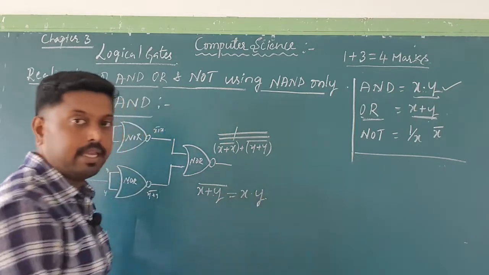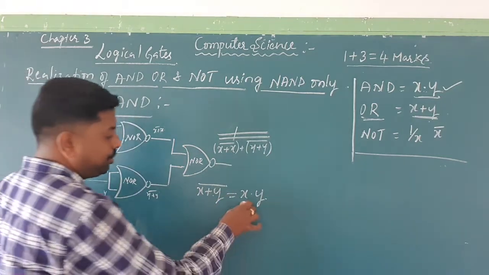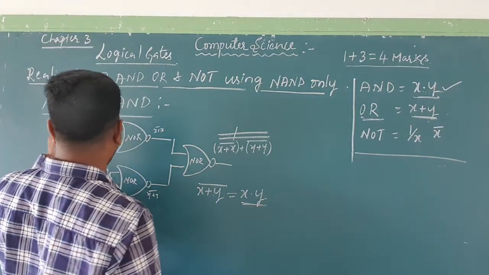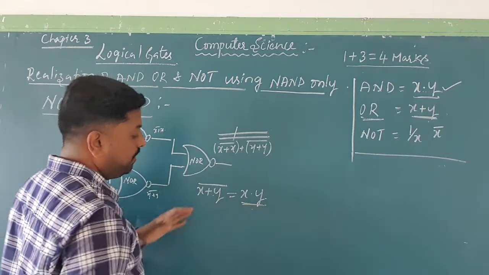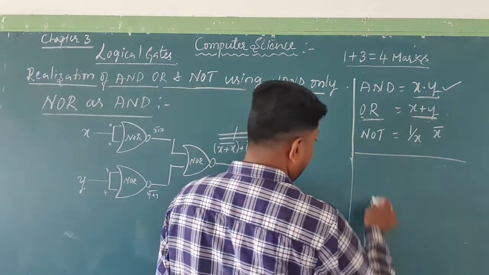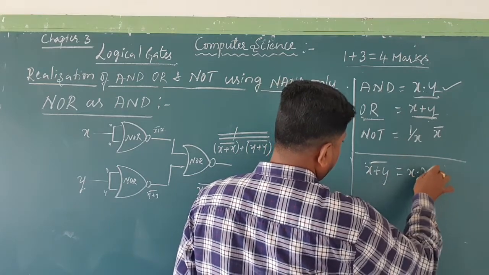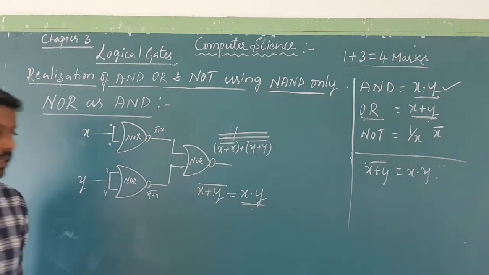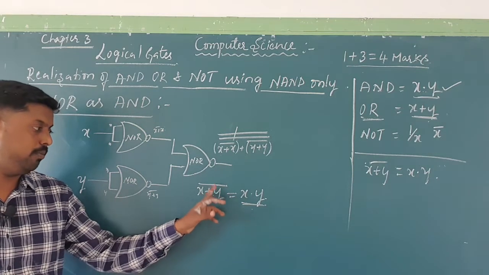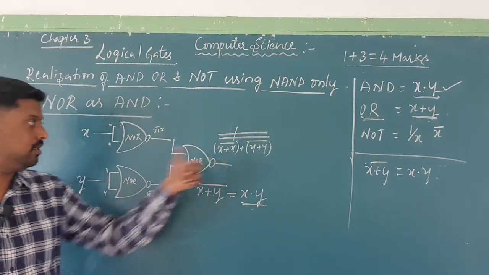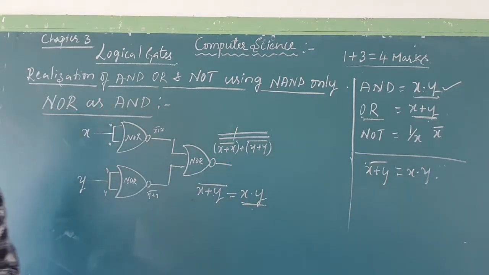So this is the realization of NOR gate as an AND gate. In the previous theorem, x plus y whole bar is equal to x into y. This is NOR as an AND.